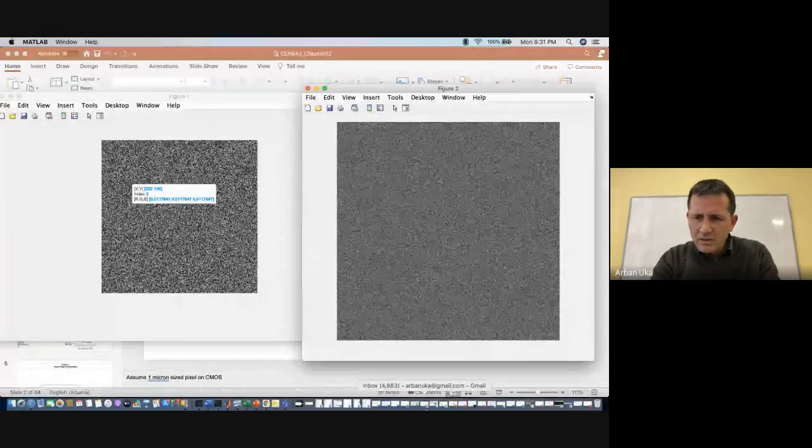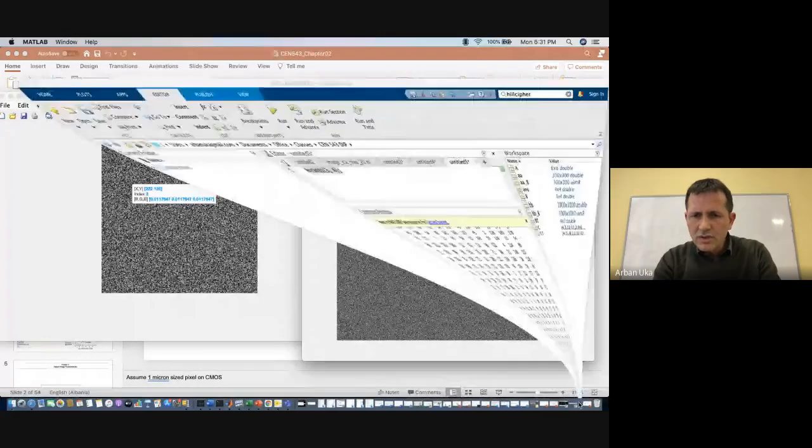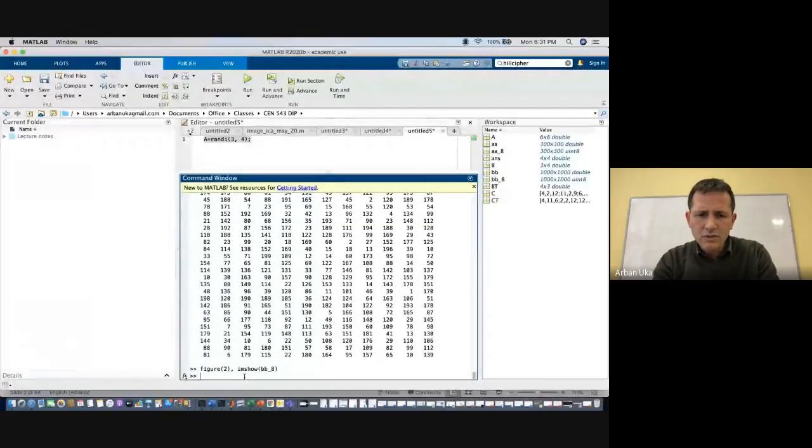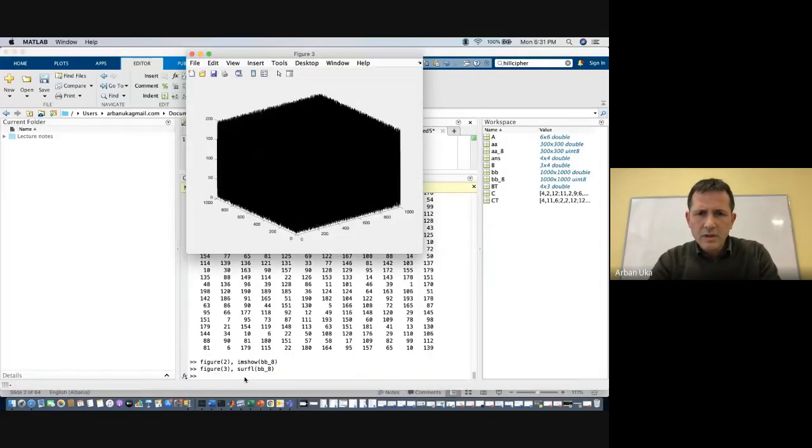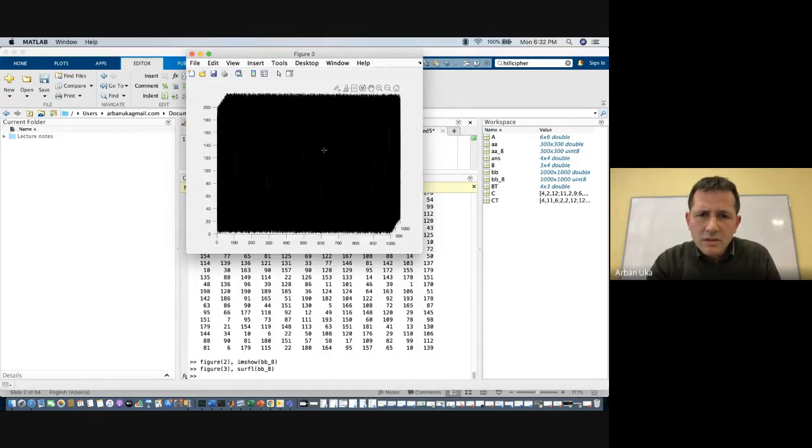And in fact, there is another way to show these images. So we had here figure 1, figure 2, I don't remember how we do this one. Figure 3, I think surf of BB8.